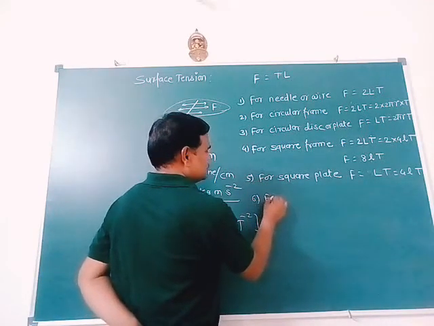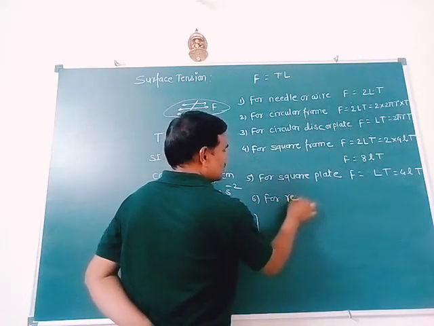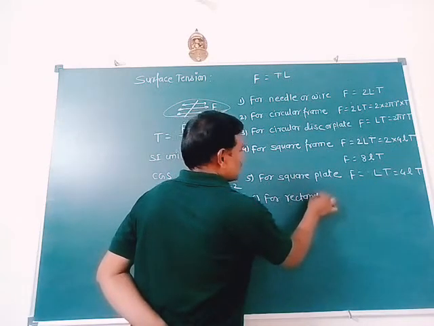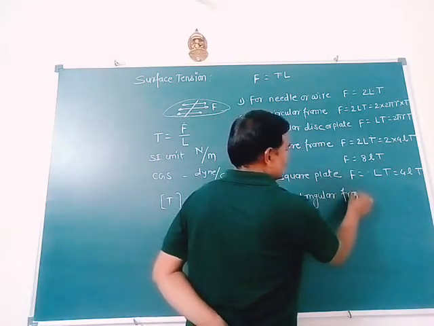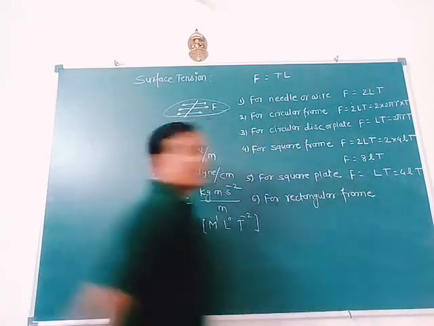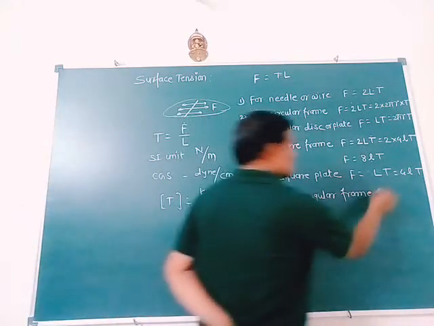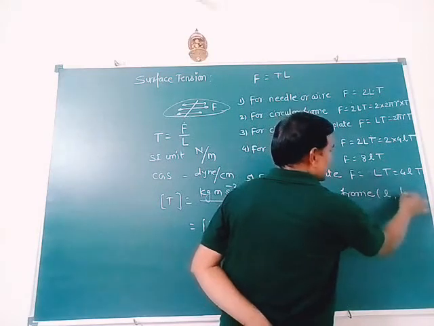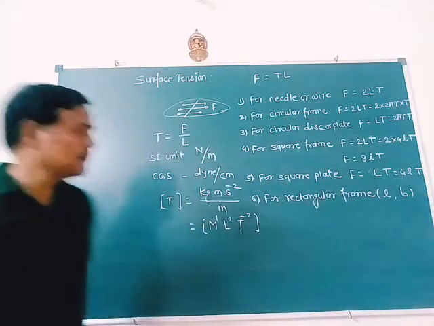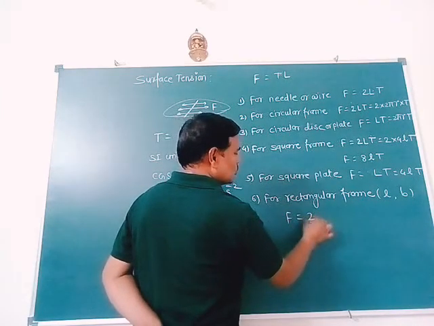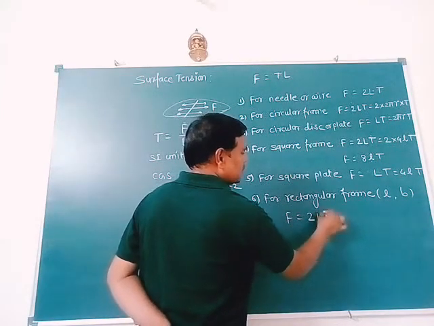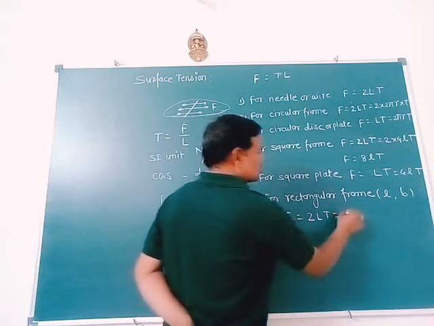For a rectangular frame with sides of length L and breadth B, the total force capital F equals 2 into capital L into capital T. Here the 2 remains as it is.